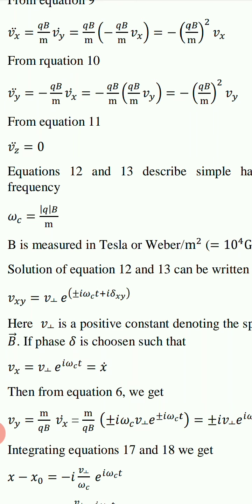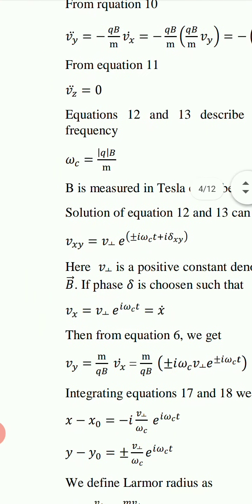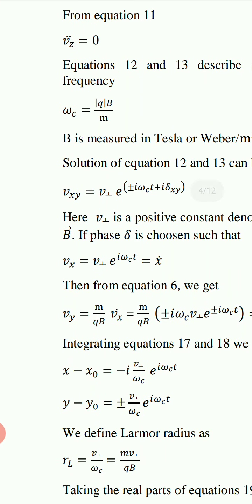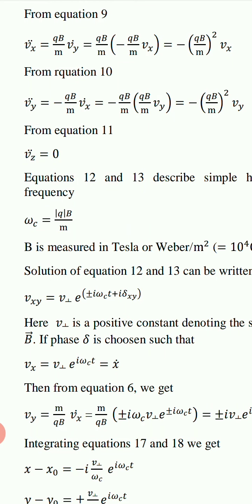So this term, q b upon m whole square, gives omega c square, the square of the angular frequency, and this angular frequency is known as the cyclotron frequency. We write it as omega c equal to q b upon m. These two equations, 12 and 13, are like the equation of simple harmonic motion, which is x double dot plus omega square x equal to 0.